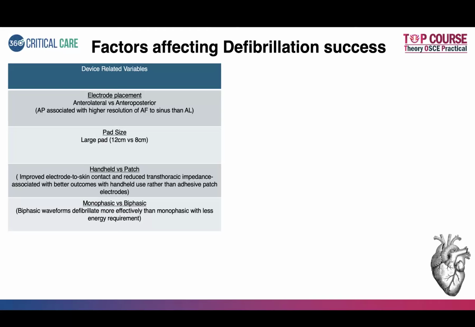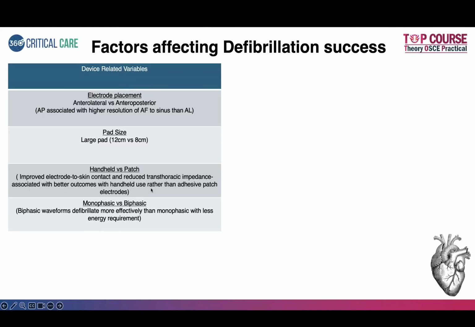Then the pad size: larger pads, that is, around 12 centimeter size pads versus 8 centimeter size pads, are associated with defibrillation success. And whether you use handheld versus patch. With improved electrode to skin contact and reduced transthoracic impedance, handheld use gives better outcomes than adhesive patch electrodes.